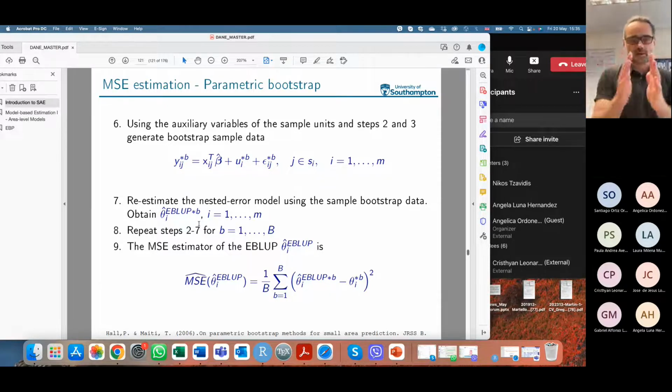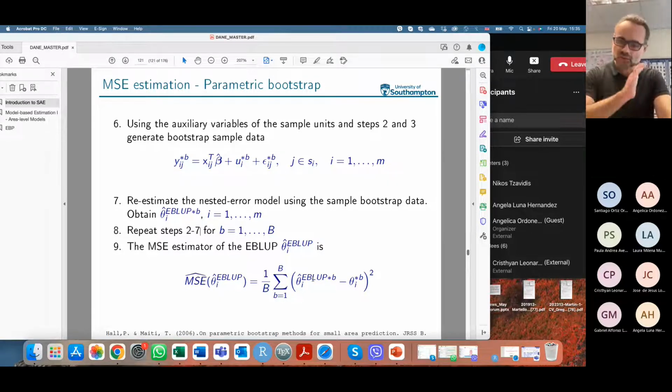At the end of this process, you can get a bootstrap estimator of the mean squared error, where you take the squared differences of the EBLUPs that you have calculated in each iteration of the parametric bootstrap.